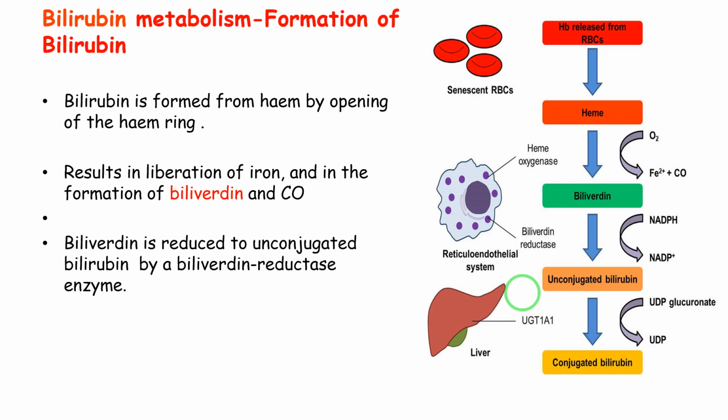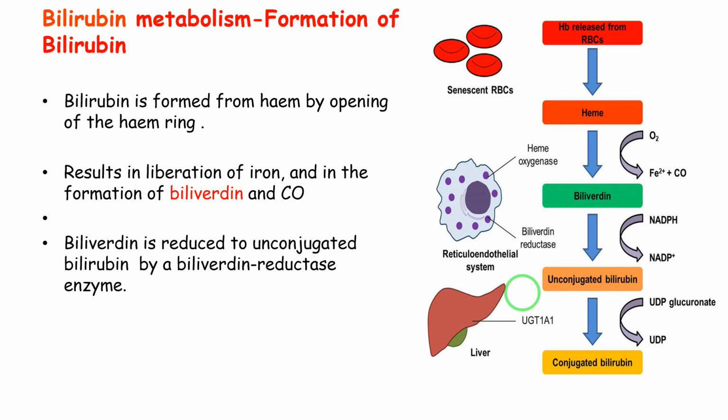This unconjugated bilirubin is a dangerous waste product because it is water insoluble and lipid soluble, so it can pass the blood-brain barrier, especially in a neonate, and cause damage to the brain. And in adults, it may also precipitate and cause many diseases. So the body normally gets rid of it.